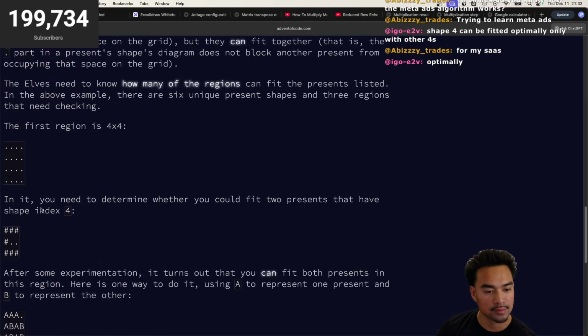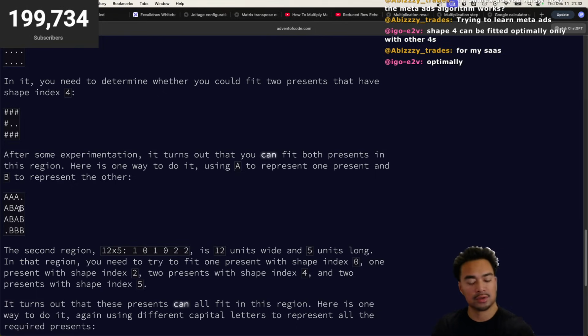Yeah, you're right, 2, 4, because then it will use up less space.